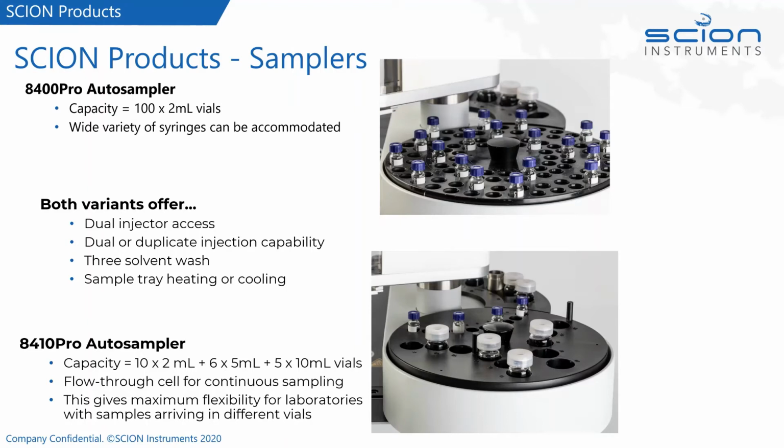And if your samples are prone to degradation due to excessive heating and it needs to be temperature controlled, we can offer a heating or cooling option as well to keep that sample integrity. Of course, the GCs can also be operated with manual injection if it is a low throughput laboratory, so you don't always need the autosampler.